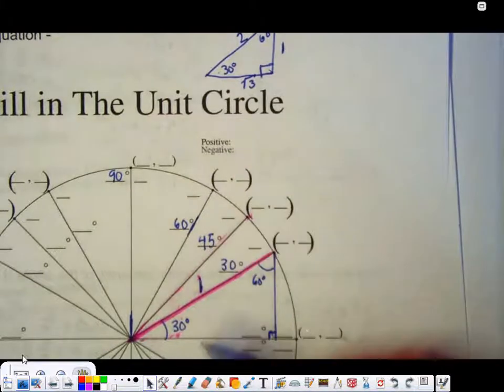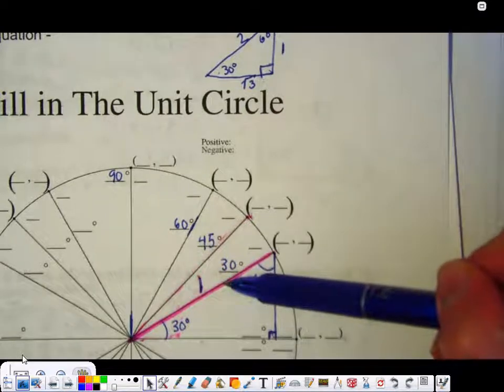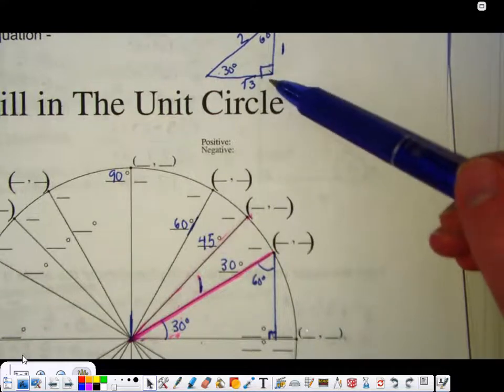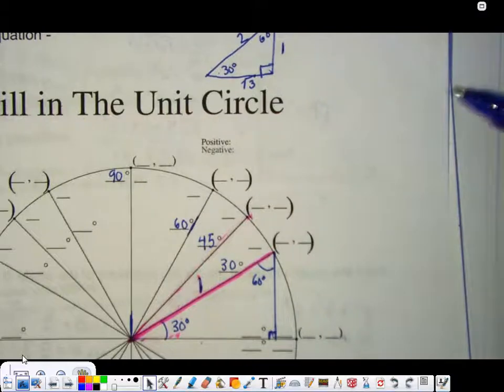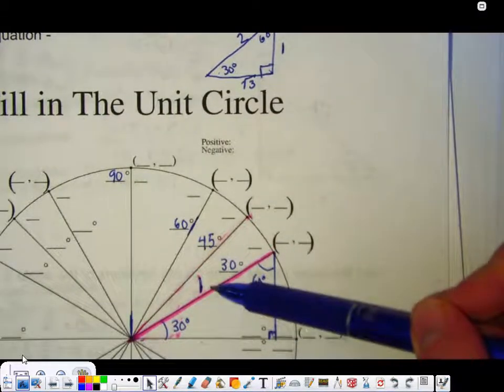These are similar triangles because they're both 30, 60, 90. So this is 2. This one, the hypotenuse is only 1. So basically, this triangle is half the size of that triangle. And it's going to have the same ratios because it's 30, 60, 90. So this hypotenuse is 2, so this hypotenuse is 1.